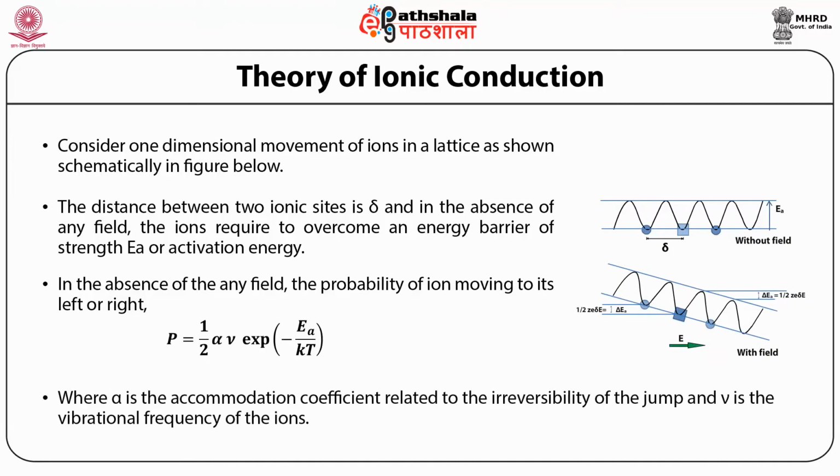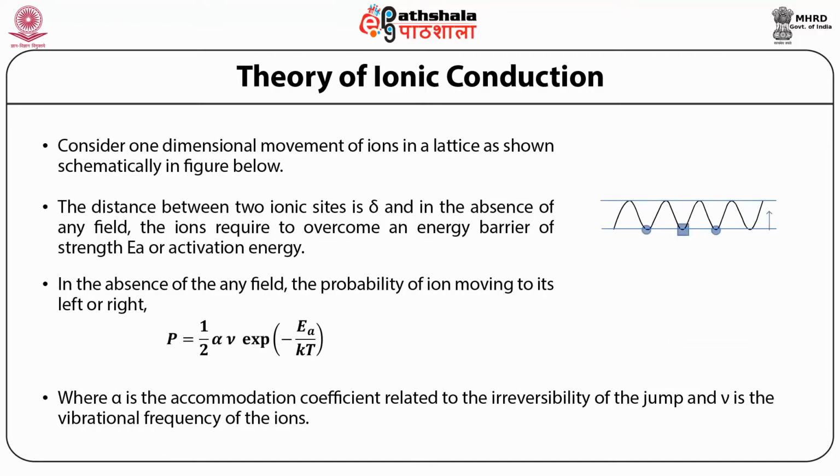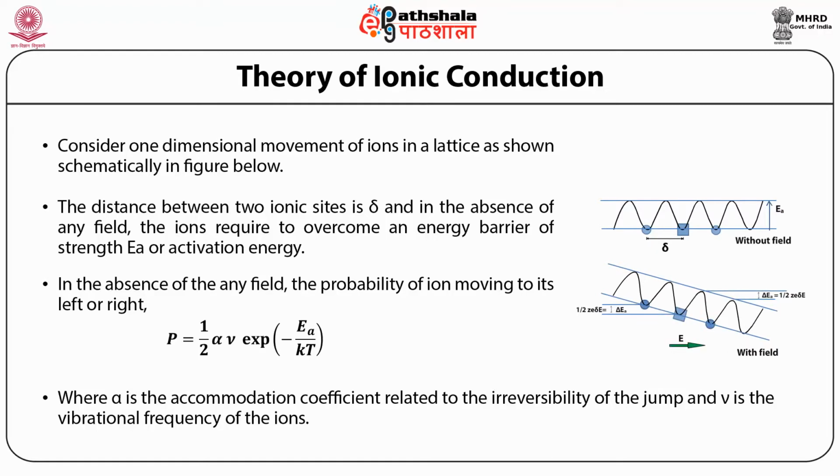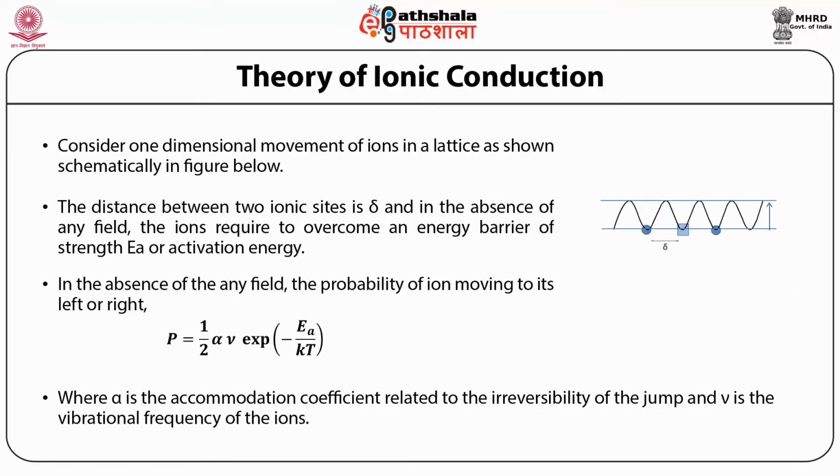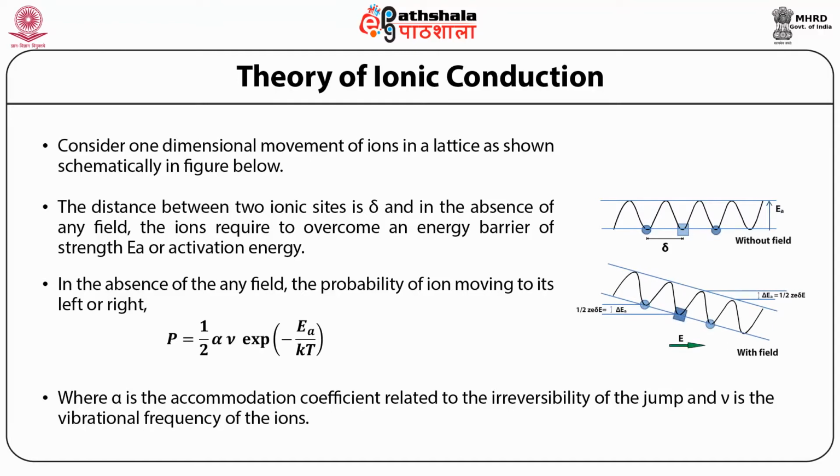Here alpha is the accommodation coefficient related to the irreversibility of the jump, nu is the vibrational frequency of the ions, and E_A can be considered as the activation energy or free energy change per unit atom. Now, when the field E is applied, let's see what will happen.